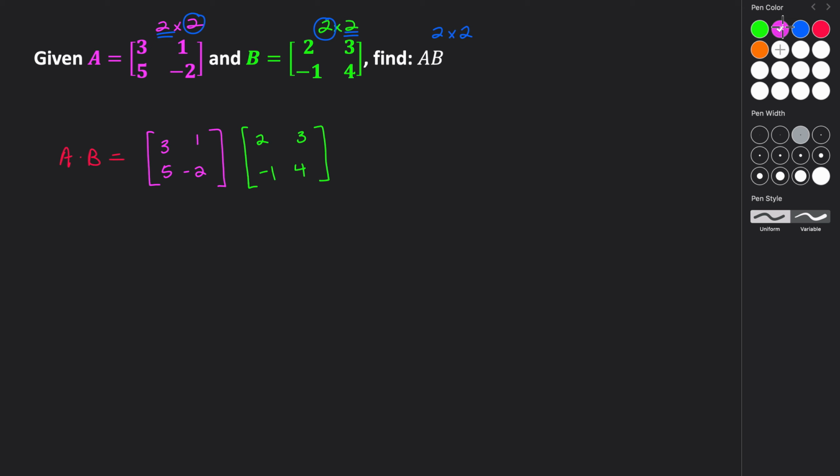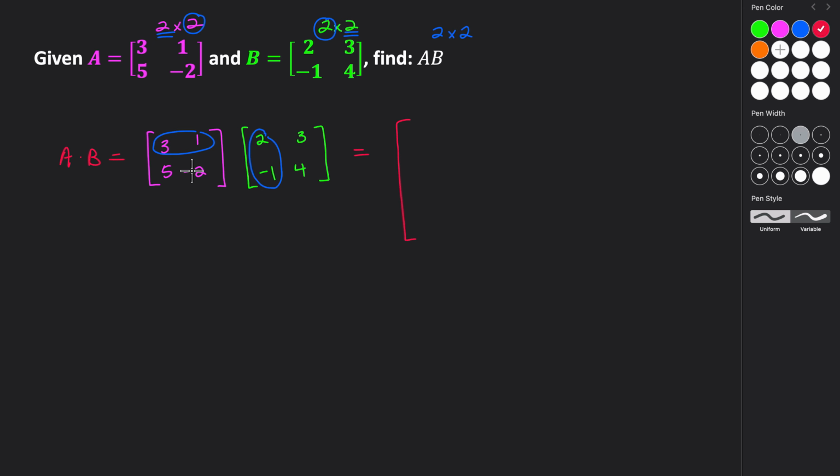When doing this multiplication, we take the first row of matrix A and multiply it by the first column in matrix B. That gives me the first element of my new matrix, because it's row 1, column 1, which gives us row 1, column 1 for our entry.